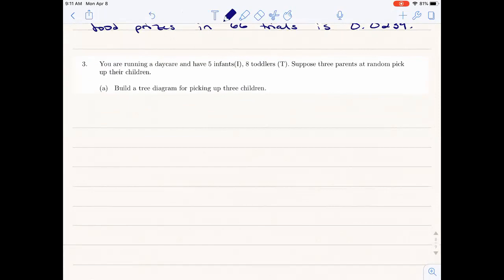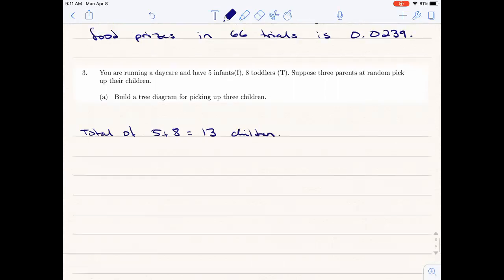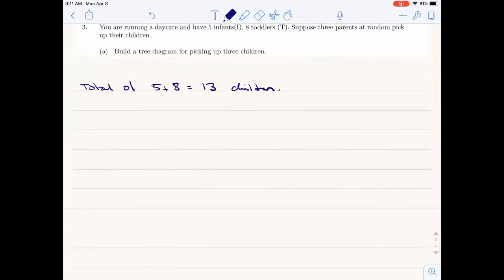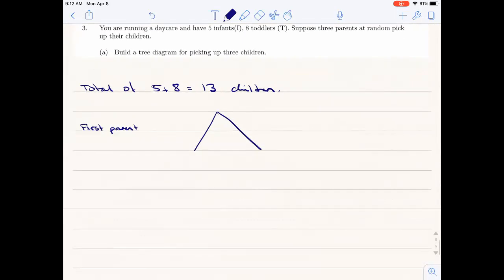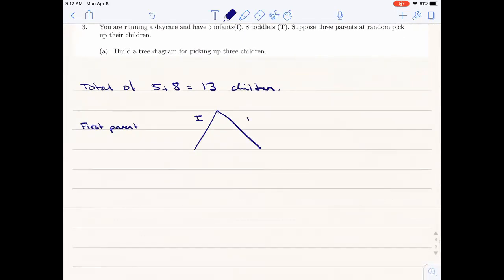So here, we've got a total of 5 plus 8, so 13 children. I'll start with the first parent, who picks up their child and it's either an infant or a toddler.